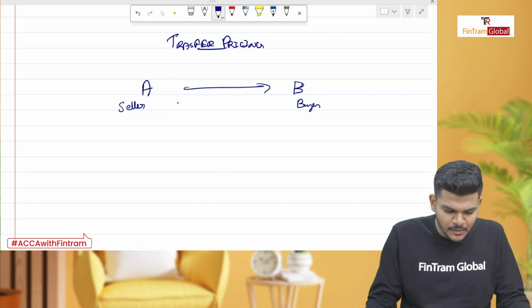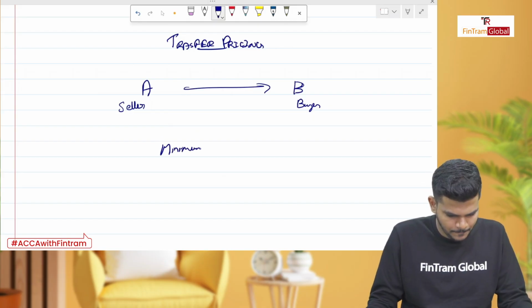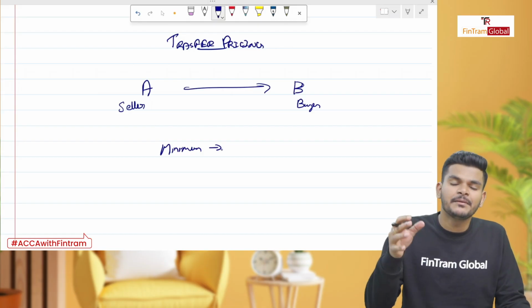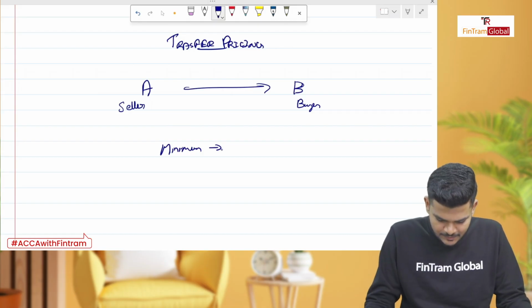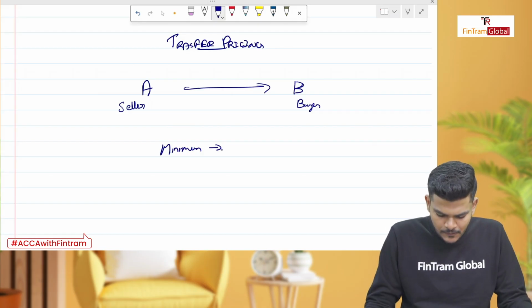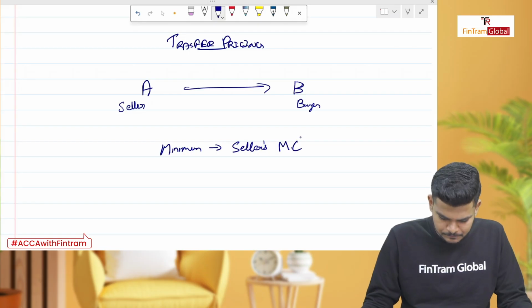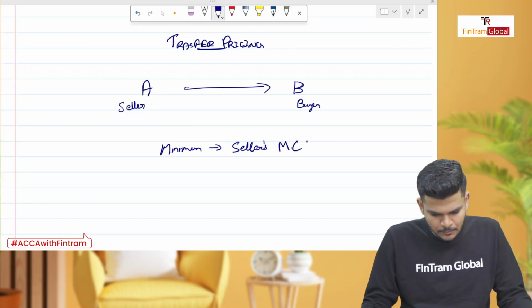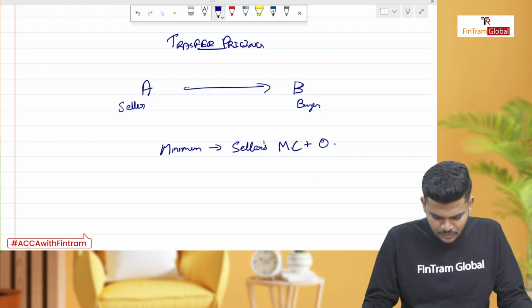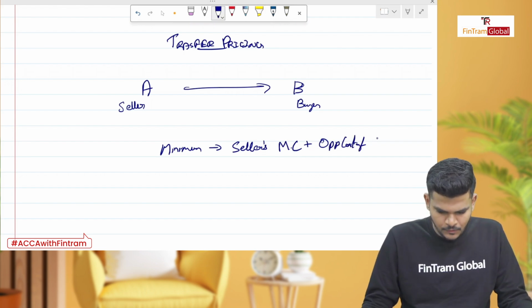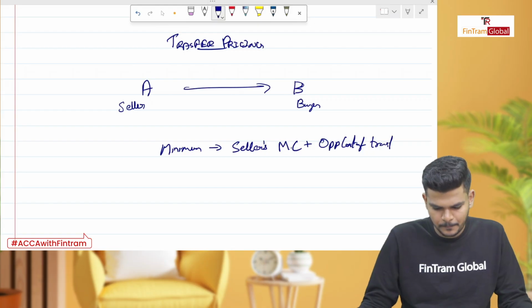And what is my minimum limit? What should be the minimum transfer price exactly? The minimum transfer price would be the seller's marginal cost plus opportunity cost of transfer.